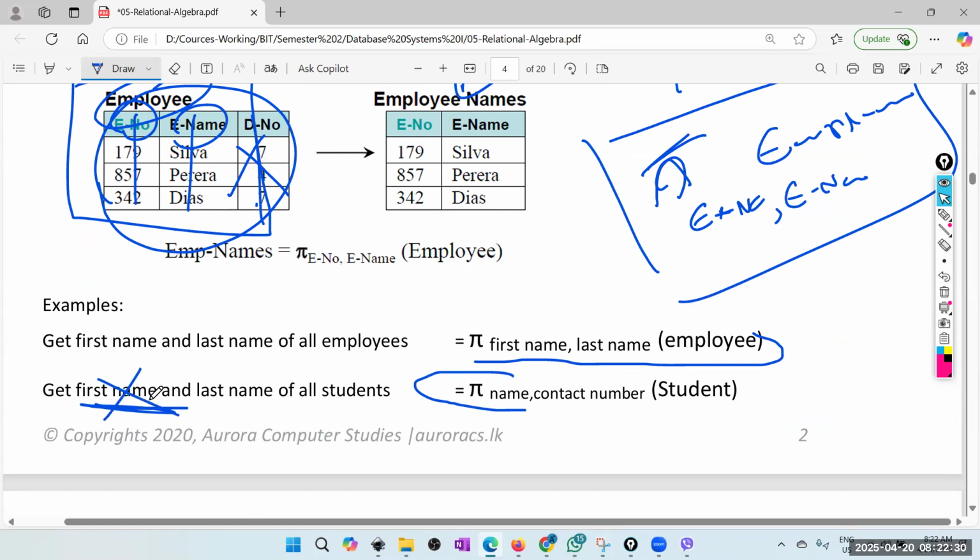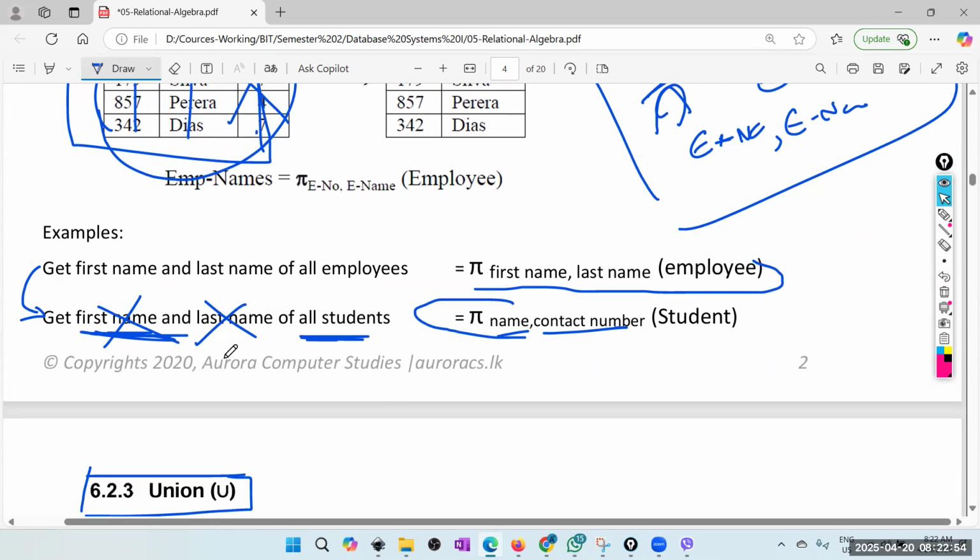Sorry for that. Thank you. It should be name, contact number, but the contact number is not there. It says first name; I just copied the first one. So that is wrong. It's assuming there's a table called student, and you want to get the name and contact number, not the last name. That is a typing mistake. I'll fix that. It must be get first name and contact number of students. I think this part is correct, but this one is not modified. So this must be contact number.